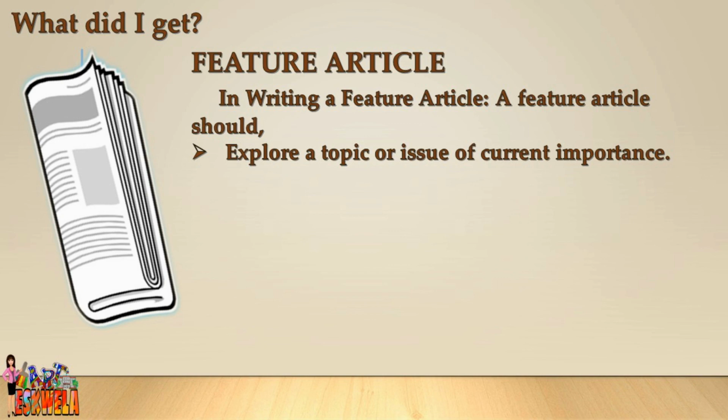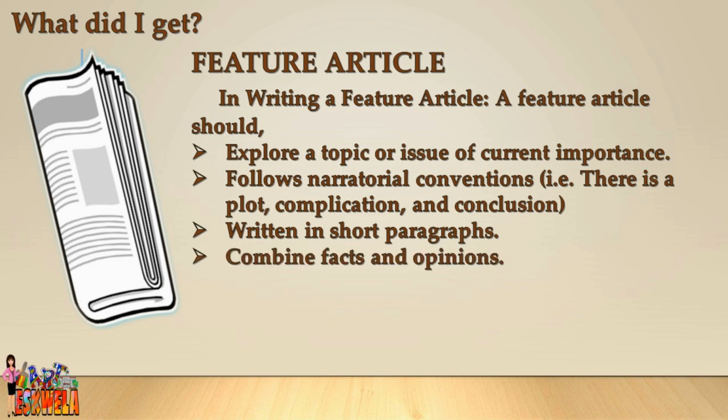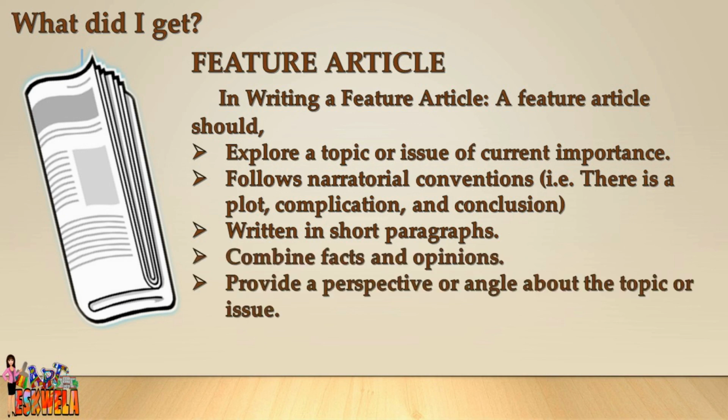In writing a feature article, you should explore a topic or issue of current importance and follow narrational conventions, for example, there is a plot, complication, and conclusion, written in short paragraphs. Combine facts and opinions, provide a perspective or angle about the topic or issue, and include catchy features.